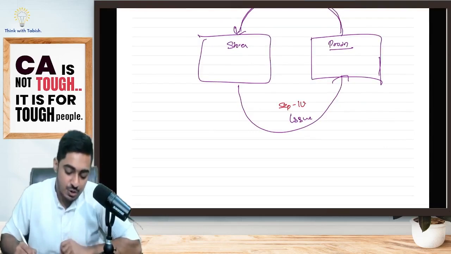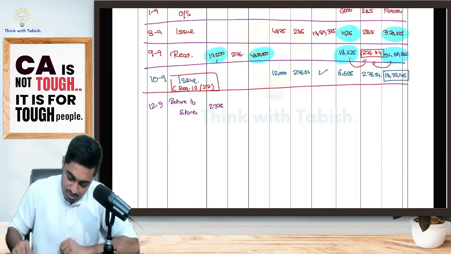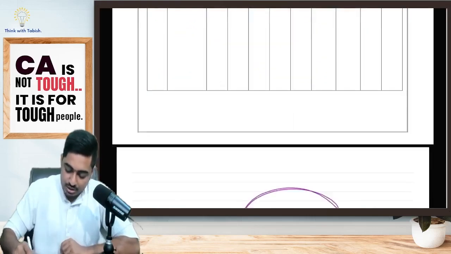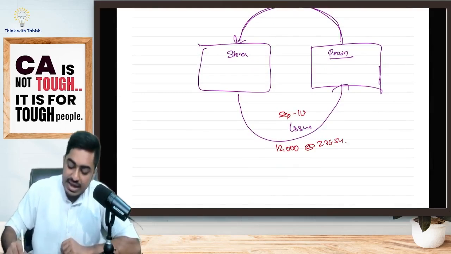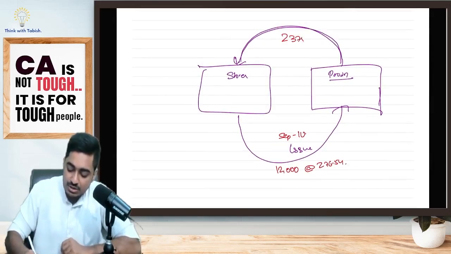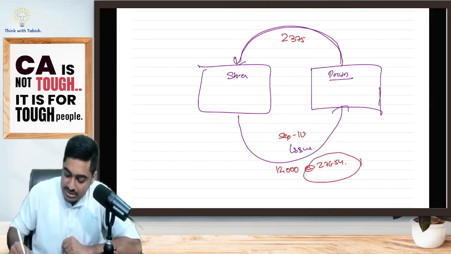I had issued how many units, students? 12,000 units I issued. At what rate? At the rate of 276.54. Of that, 2,375 units they did not like, so they gave it back to me. Which rate goods are returned? The same 276.54 rate goods are returned.